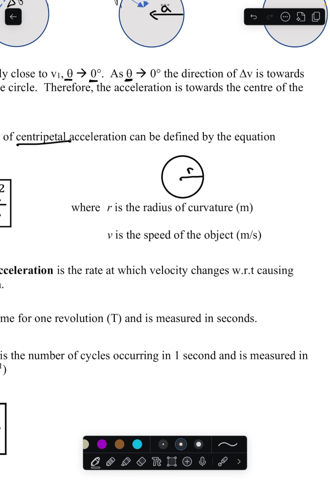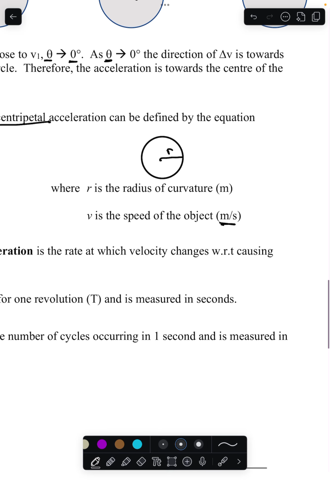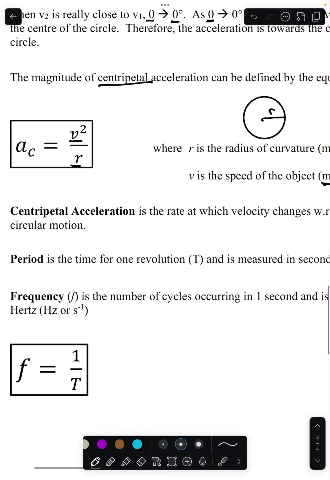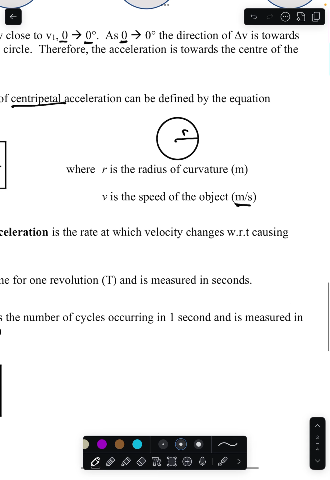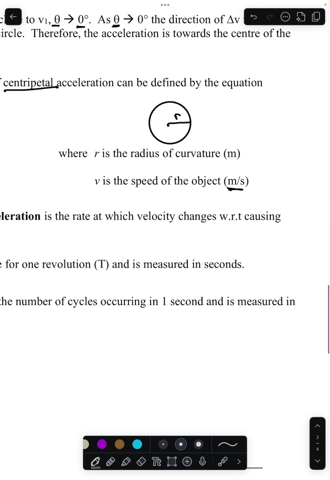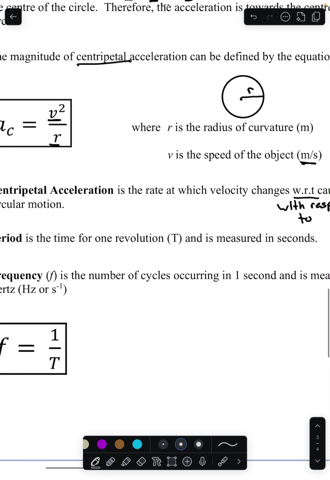And our speed, which we've covered before, is measured in meters per second. So our centripetal acceleration is the rate at which velocity changes with respect to causing circular motion.